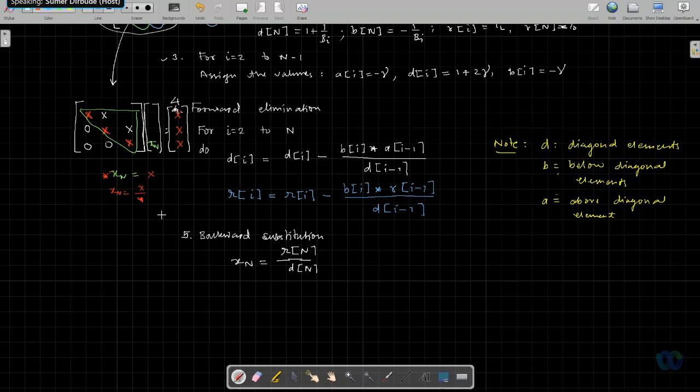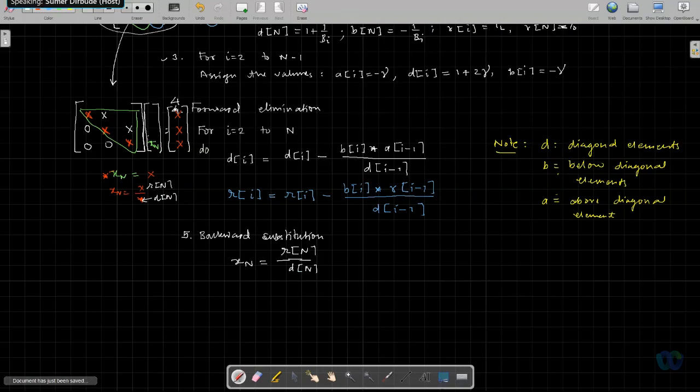This is a diagonal value, and this is the last value, so capital N value. And this is the last r value, so rn. Rn divided by dn is this.